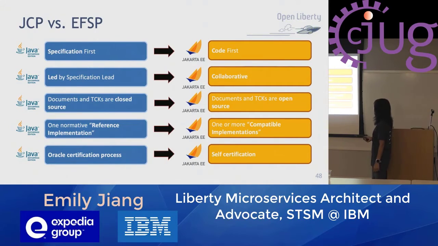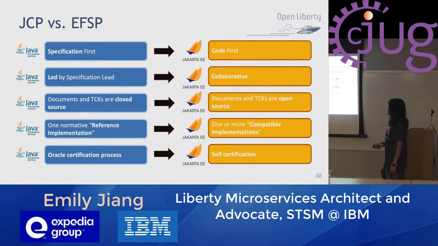Obviously each specification has a few implementations, but only one reference implementation. In Jakarta EE, you have compatible implementations, and they are all equal. In the JCP, we use the Oracle certification process, and in the Eclipse Foundation, everyone is free to self-certify.